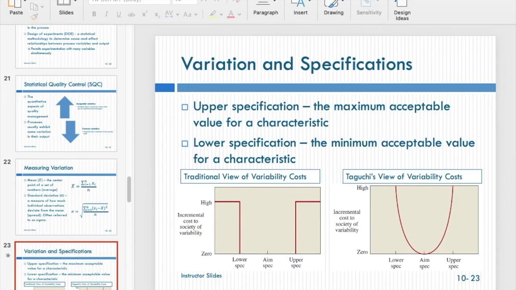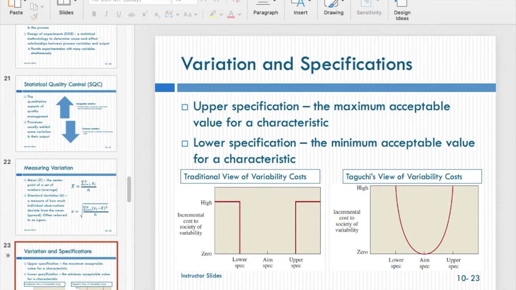Let's look at this picture. If the length is here instead of here, you can see that the quality at this point is higher than the quality here because it's closer to your target. So basically the Taguchi view makes everything continuous instead of discrete.